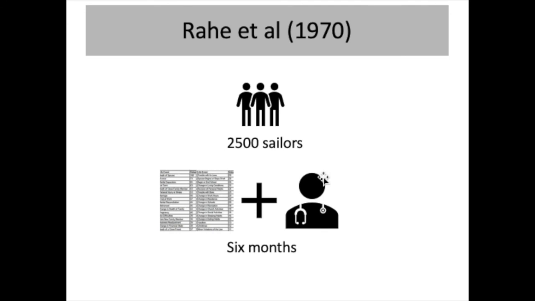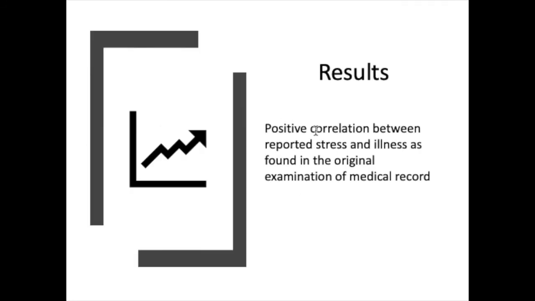So they wanted to see whether there was a correlation, whether if they scored higher, there were more visits to the clinics. They did this for 6 months, so it's a longitudinal study. And what they found was a positive correlation between reported stress and illness, as found in the original examination of medical records.